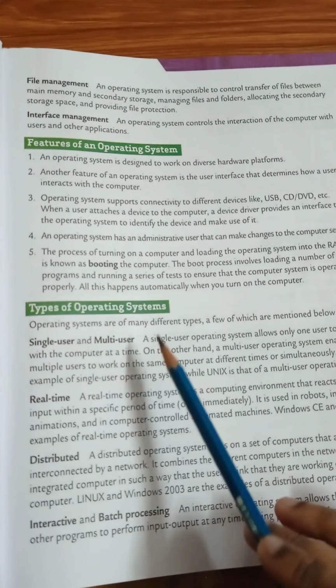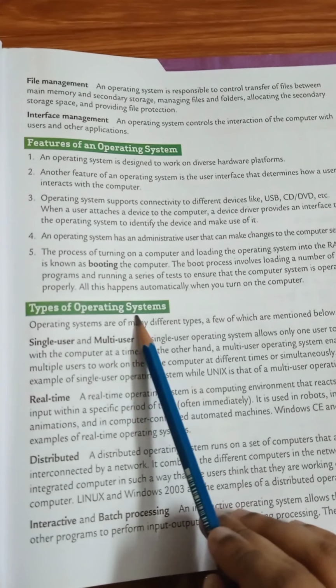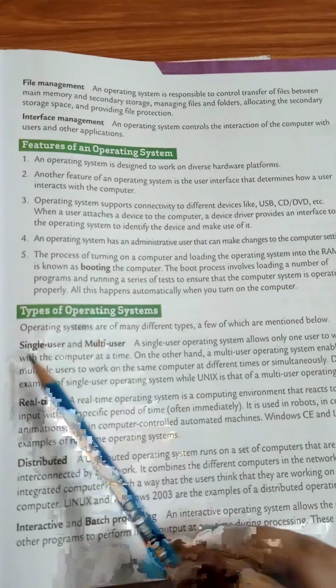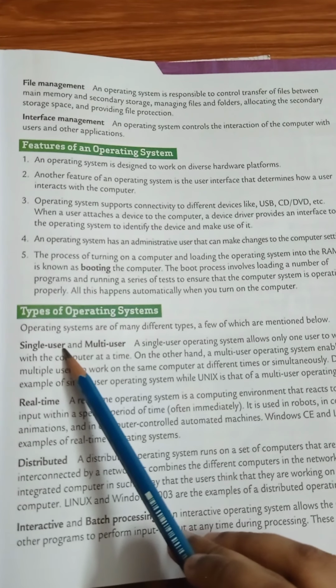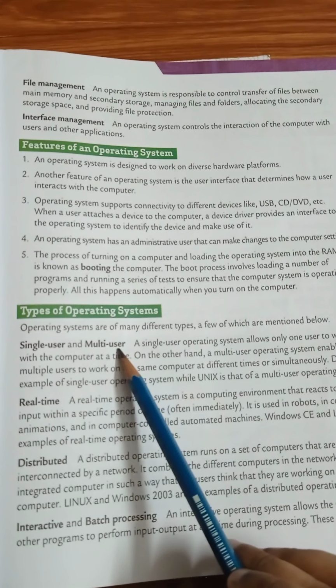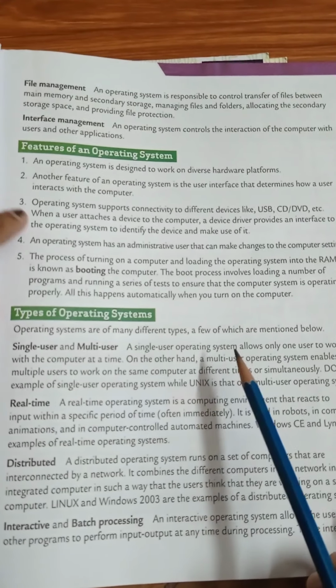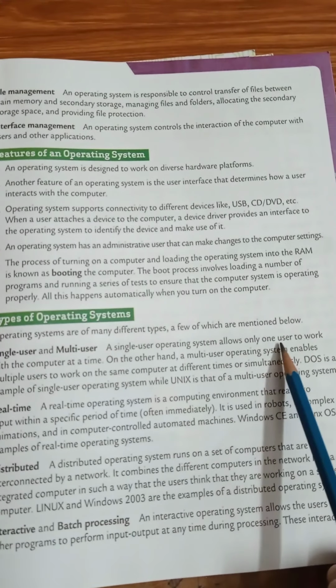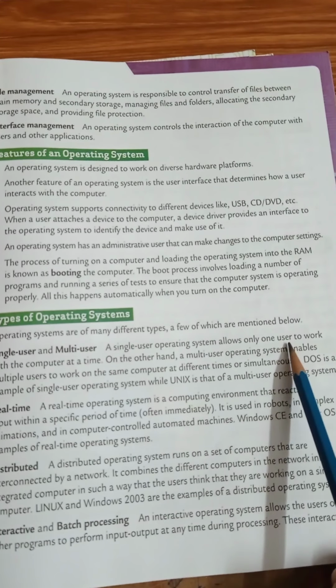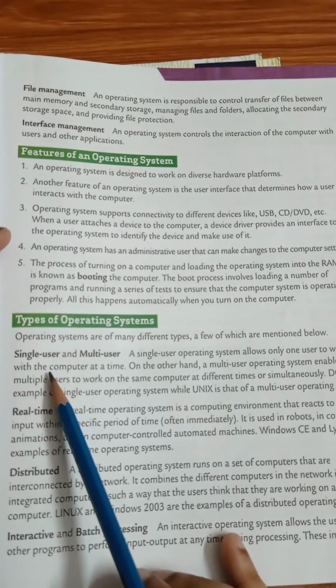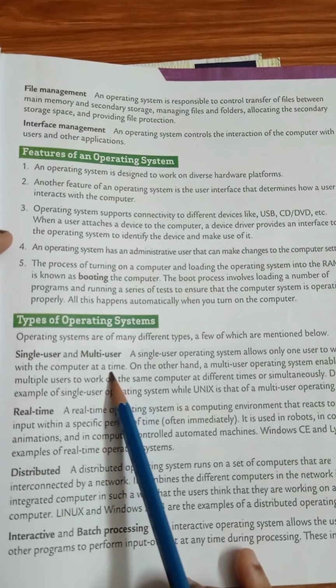So this is the new topic, which is types of operating system. First is single user operating system and multi-user operating system. A single user operating system allows only one user to work with the computer at a time.